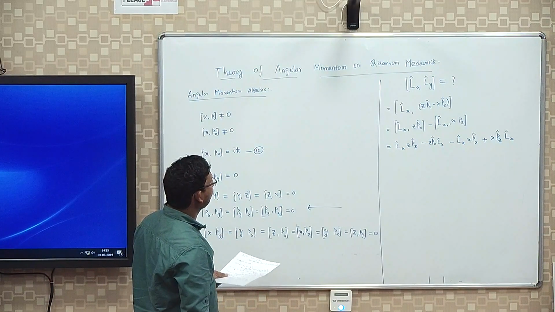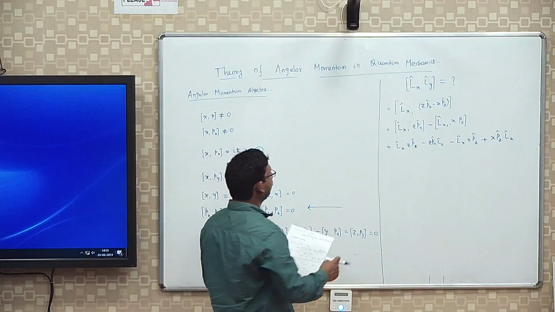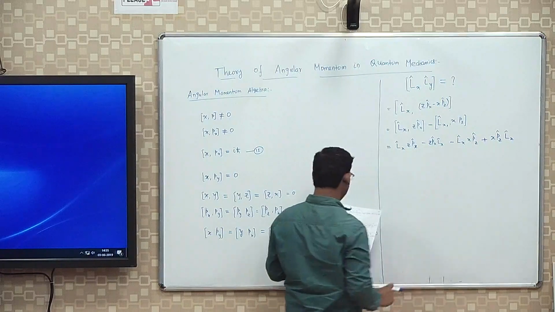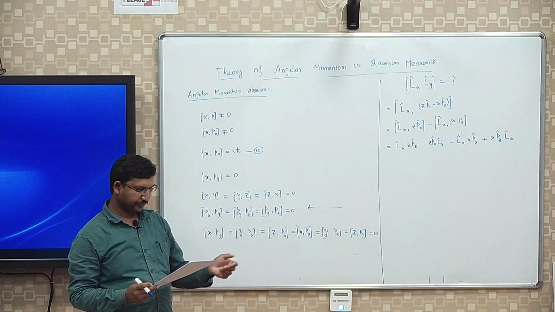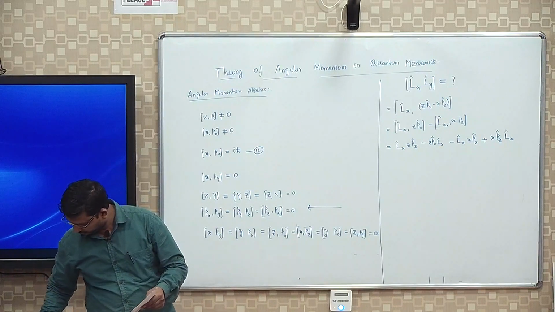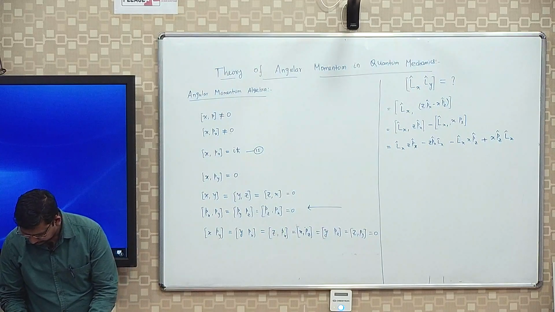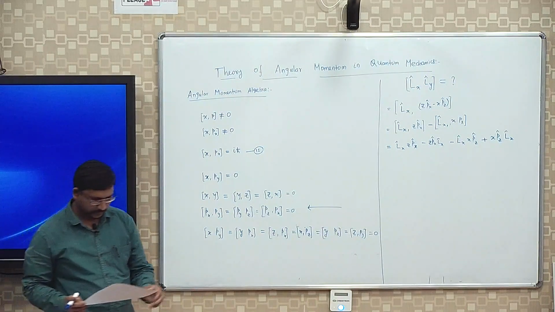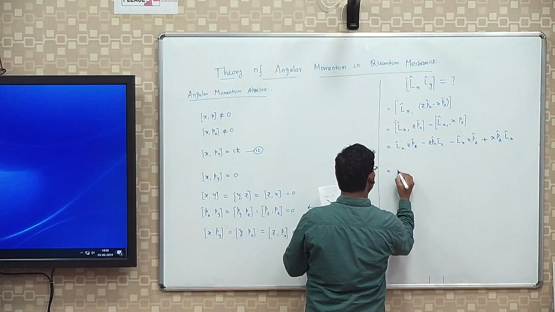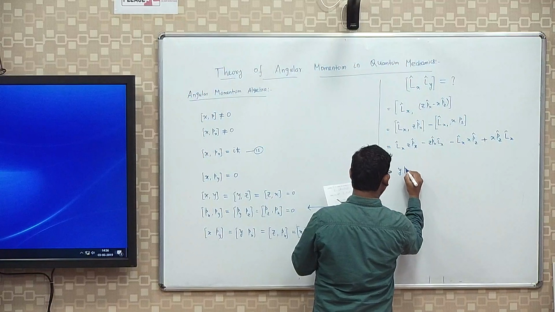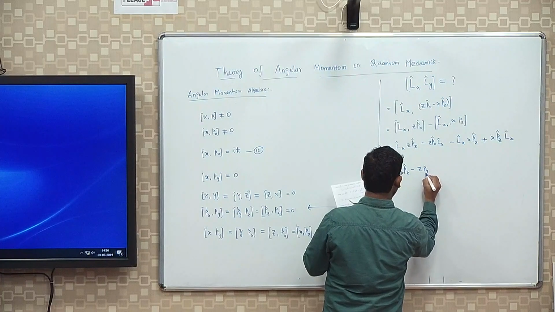Now you put the value of Lx here, Lx operator. So the value of Lx operator is ypz minus ezpy.